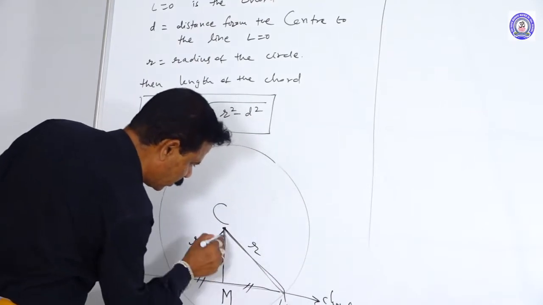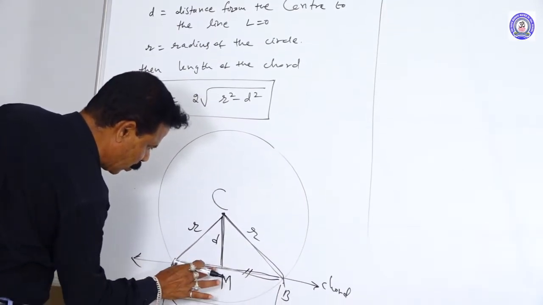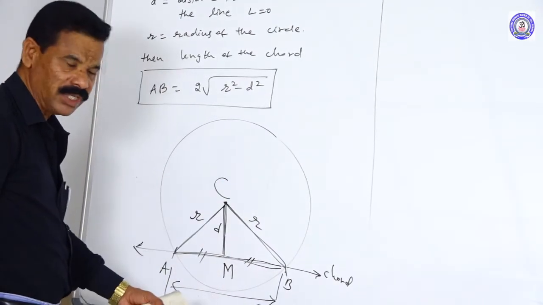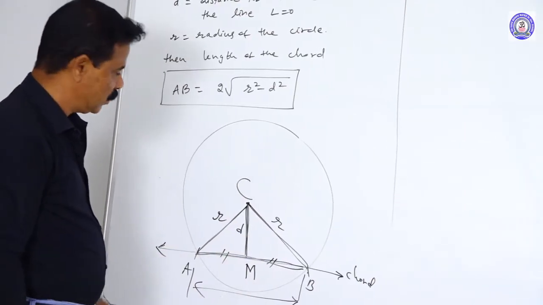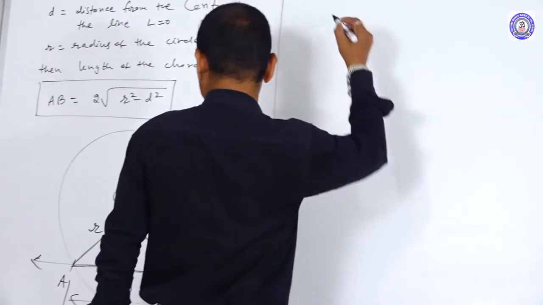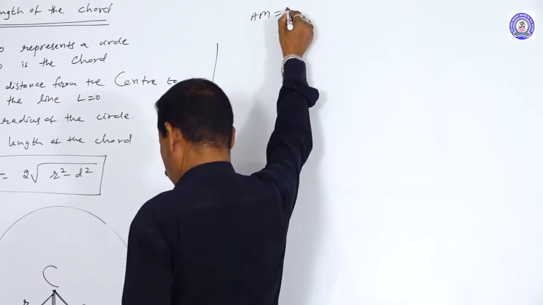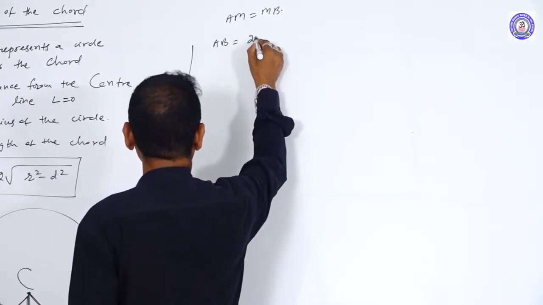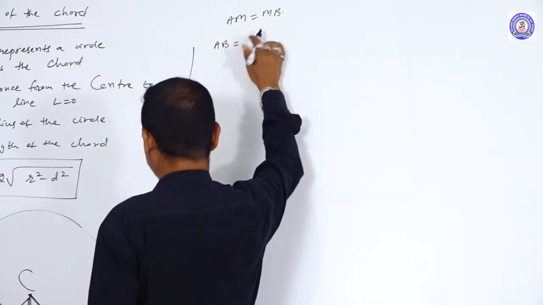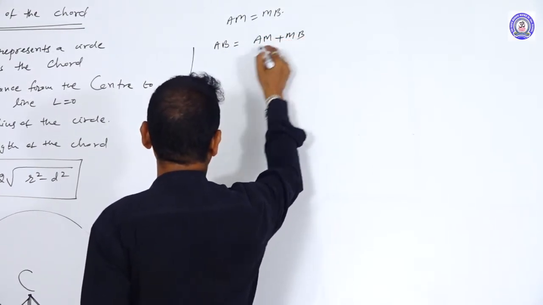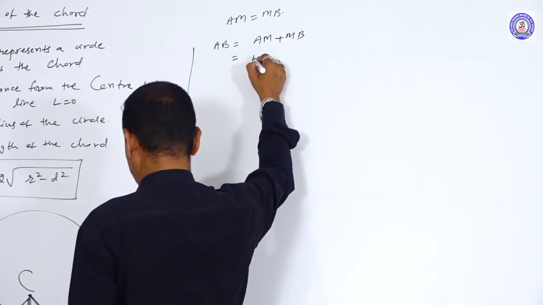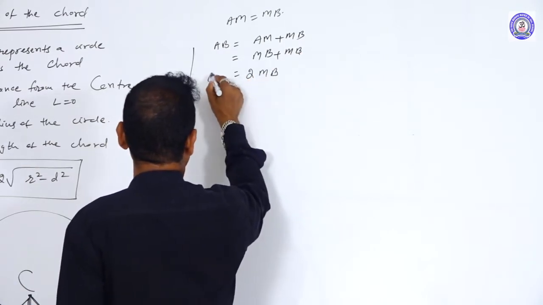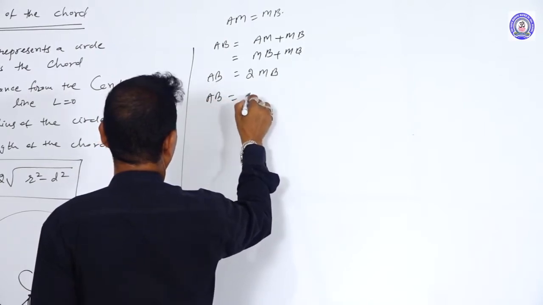This is R, this is D, this is the length of the chord. So here AM is equal to MB, bisecting at the point M, since the perpendicular from the center bisects the chord. So AB is equal to AM plus MB, which is 2 times MB.